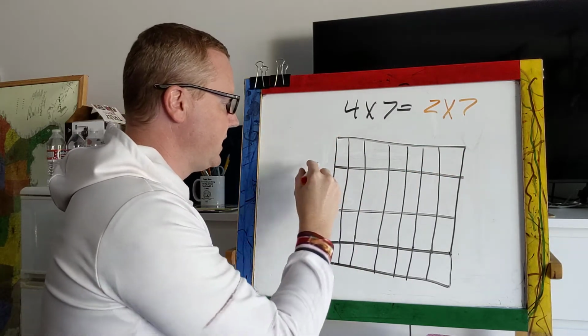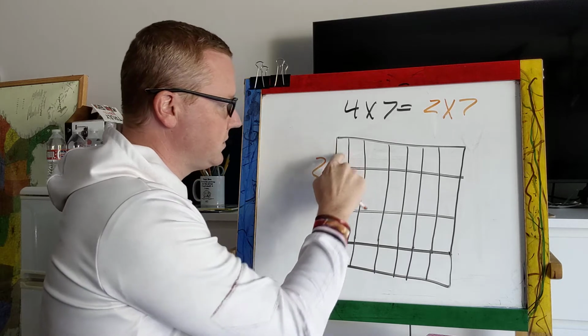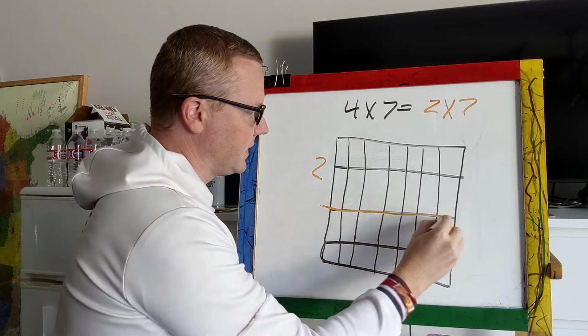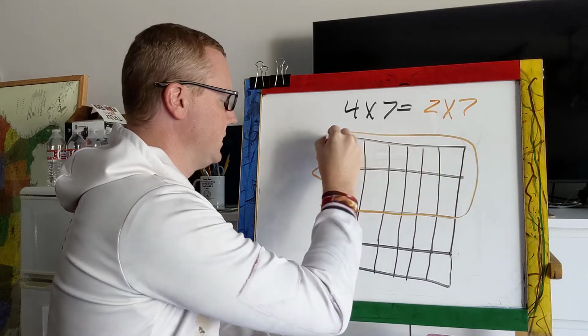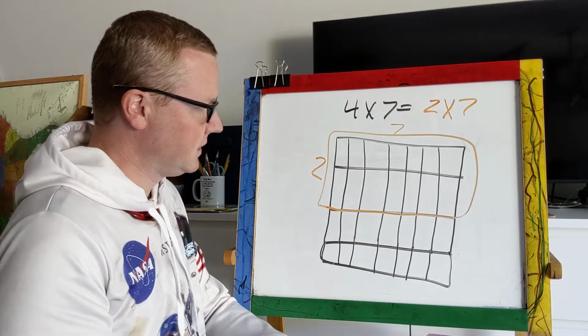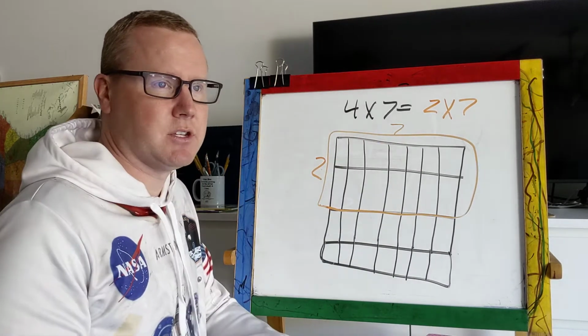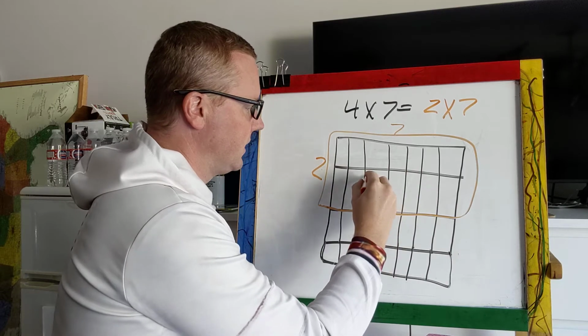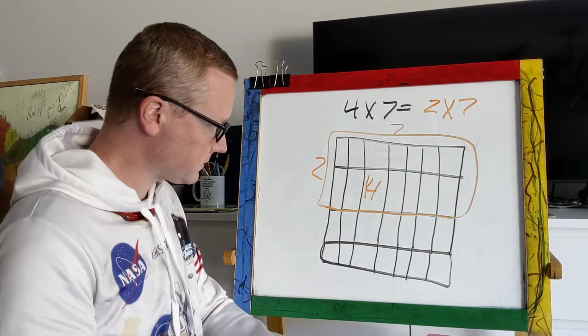So I would have 2 groups, 1 and 2, and I'm going to highlight them like this and circle it. We have 7 across the top. You just double it, and you know that this inside is 14.